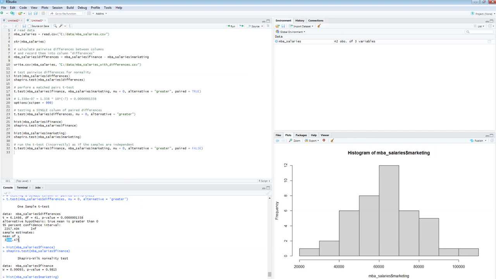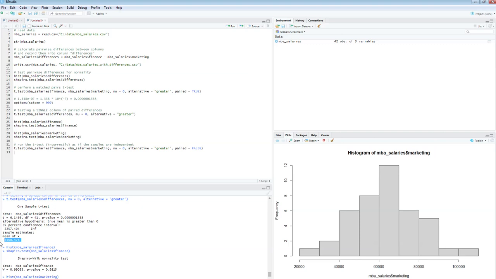So what I want to do now, for example, is say, do the samples provide me enough evidence to state that MBAs with finance concentration are getting paid more than MBAs with marketing concentration by an amount over $3,000? Based on that number, it appears to be true, right? The difference exceeds $3,000, okay?